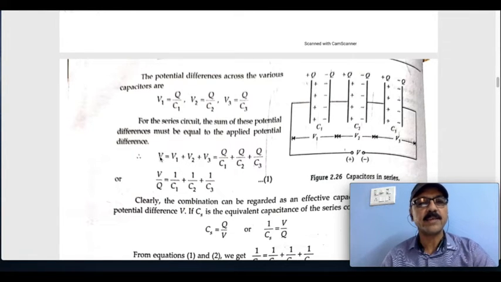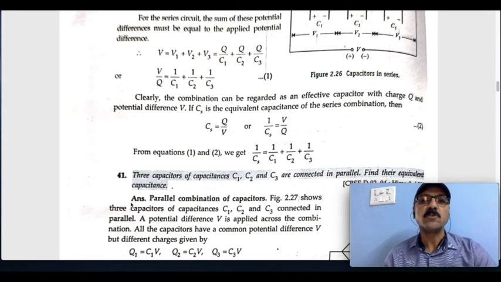Taking Q outside, V by Q equals 1 upon C1 plus 1 upon C2 plus 1 upon C3, and here C is denoted by CS, meaning series. So V upon Q equals 1 upon CS, and 1 upon CS equals 1 upon C1 plus 1 upon C2 plus 1 upon C3. This is the formula for the series combination of capacitors: the reciprocal of the equivalent capacitance is equal to the sum of the reciprocals of the individual capacitances.